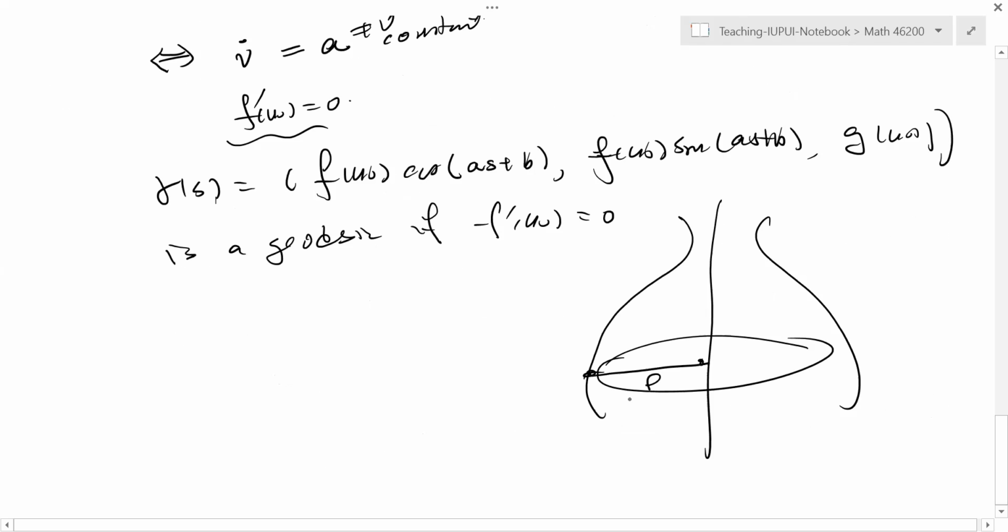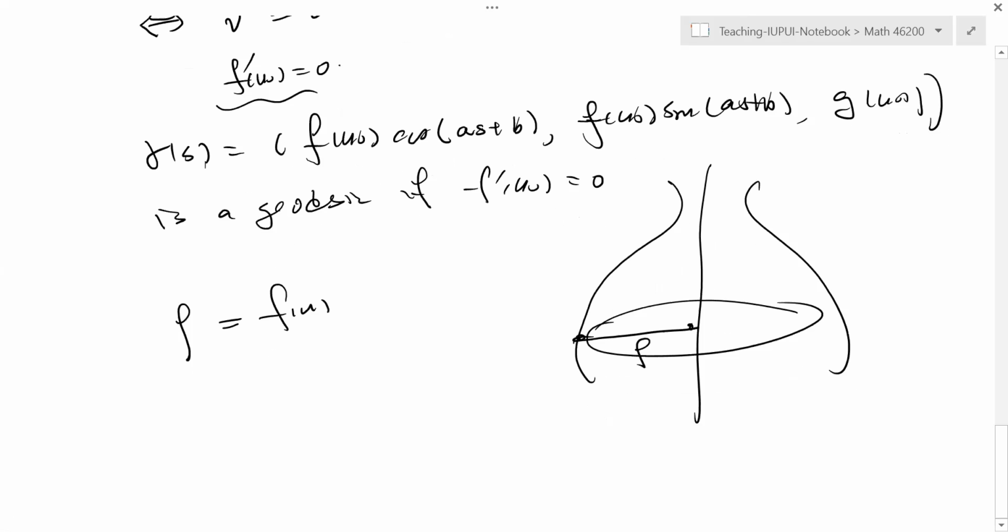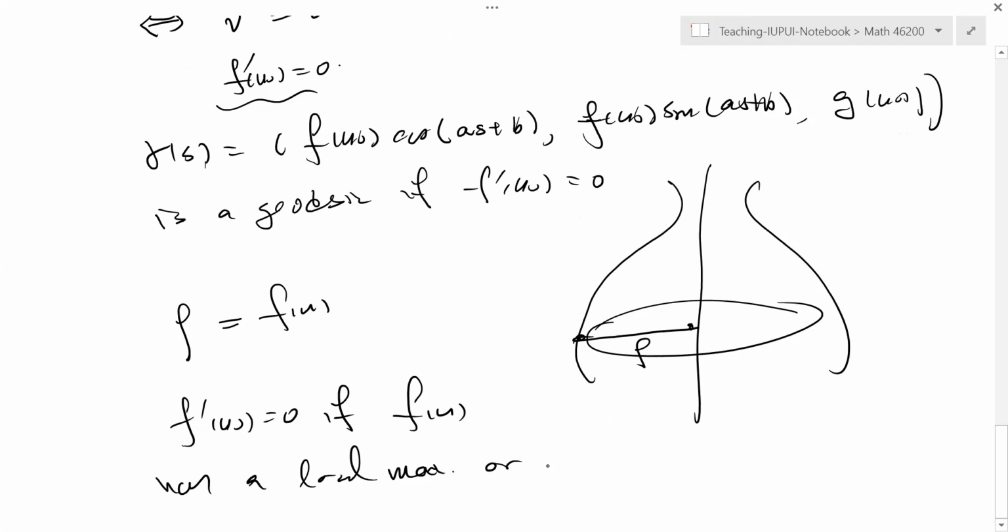This rho, let's call it rho, is actually just equal to F. So that means when rho is going to be 0, F prime equals 0 if F has an extreme value, a local maximum or local minimum value at some point. Okay, right? Because that's what we learned from calculus.